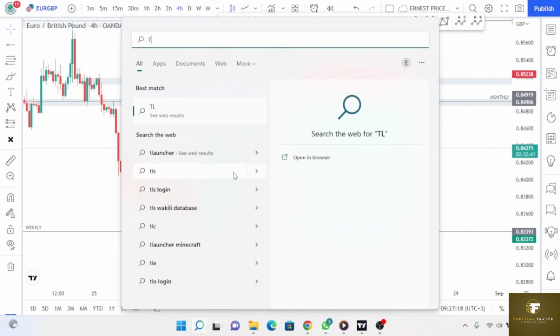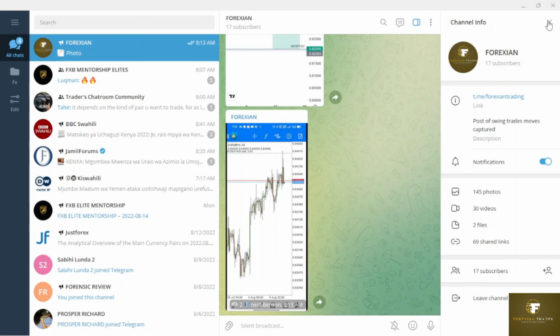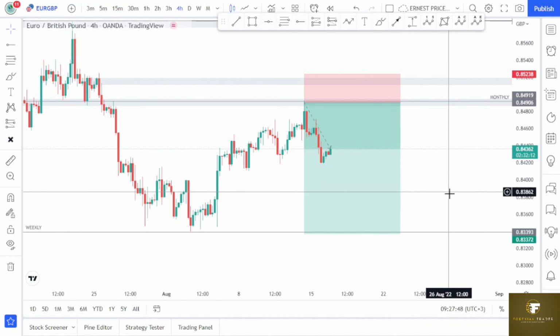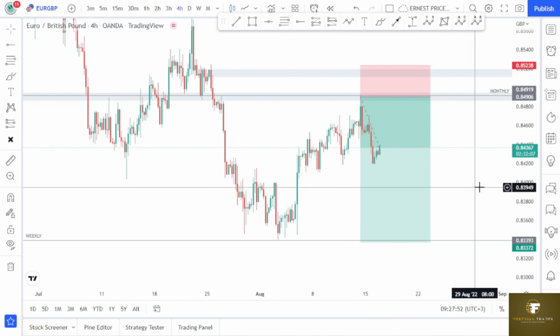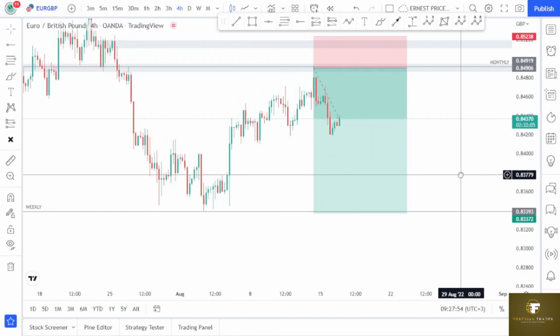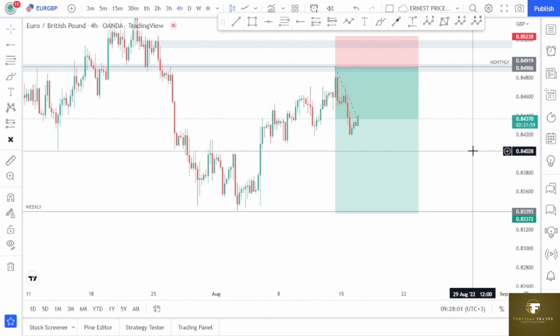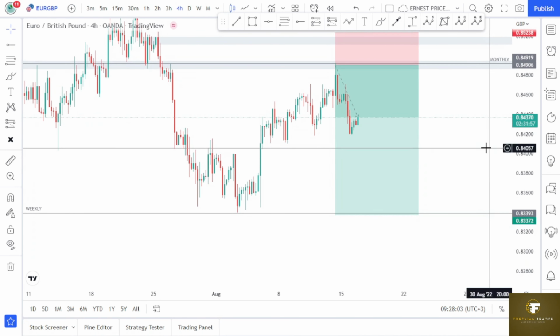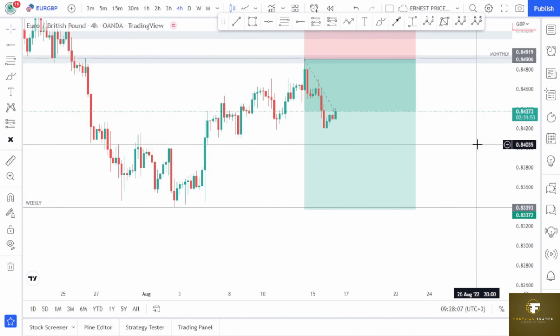My lot size is very small, but I was able to capitalize on that one. I just use a small lot size because of the size of my account. I don't take much risk. Risk management is key when you are trading, so you have to be very careful with it. So that's how I made the entry.